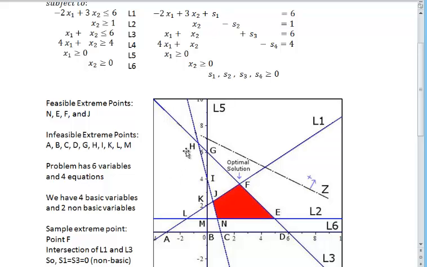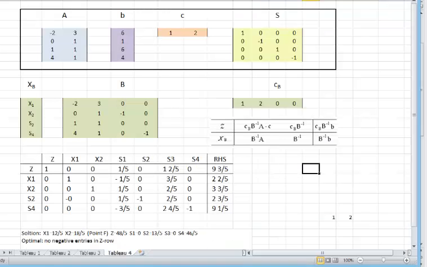Now, because both F and E are basic feasible solutions, in this case, your right hand side will be positive or greater than or equal to 0. It will not be negative. There shouldn't be any infeasibility in here.